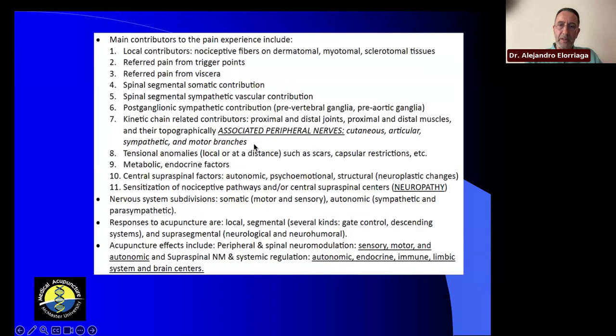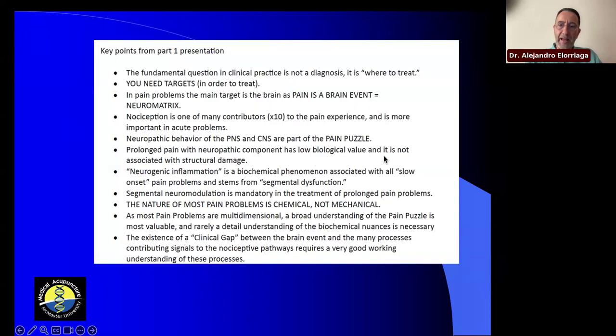And we established as well that the biological value of pain that has a neuropathic component is very low, and it no longer reflects any particular structural damage.